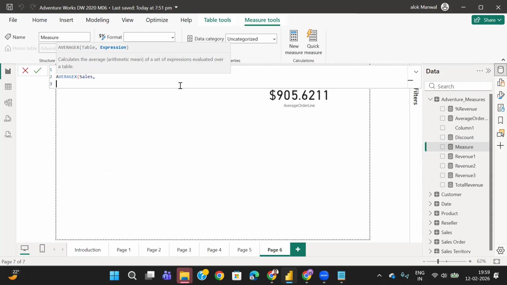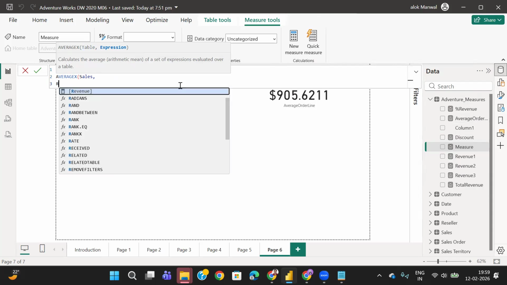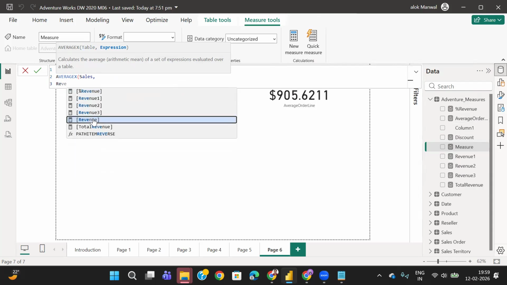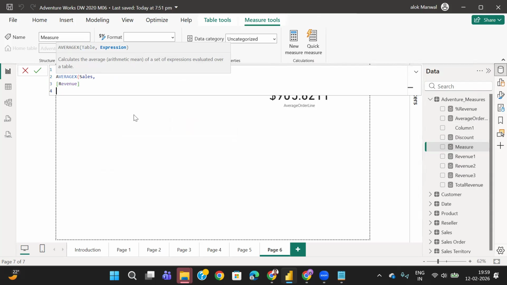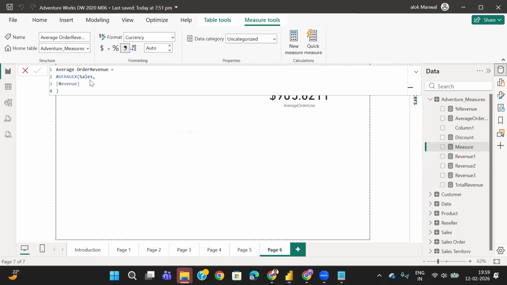If it's revenue, basically revenue the same. But the thing is, I want it as per orders.